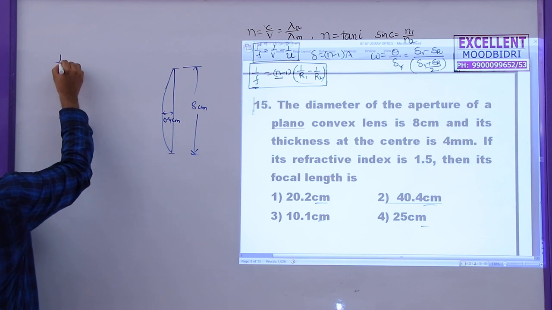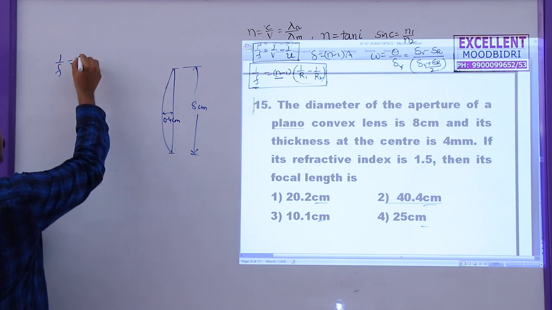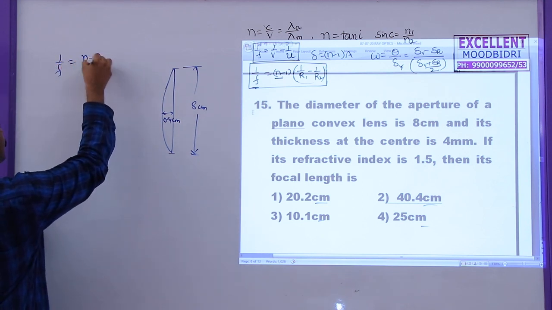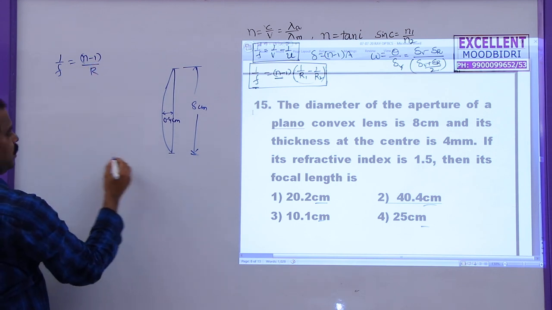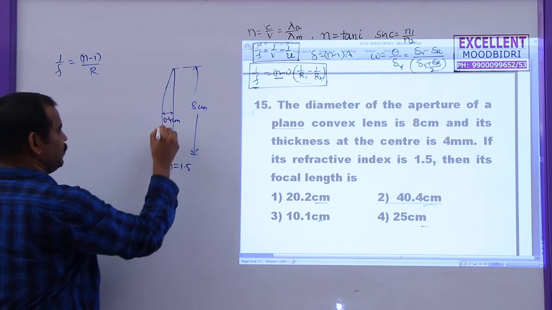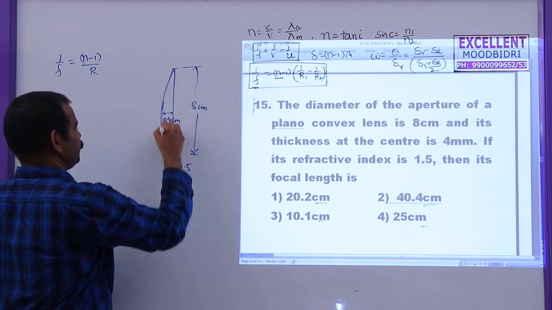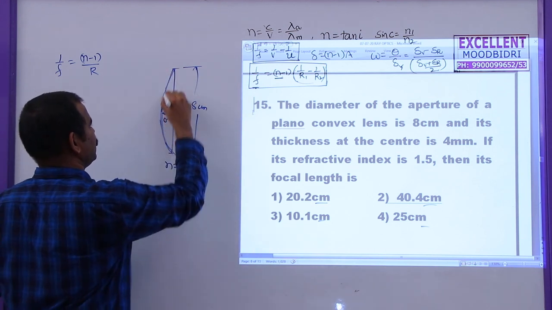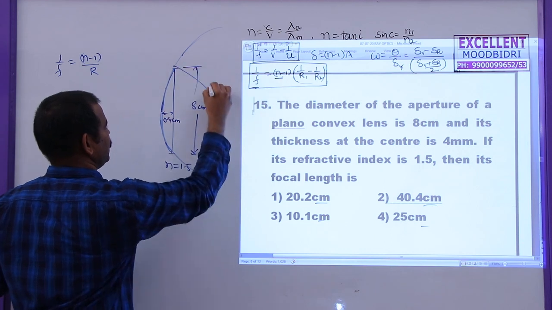To find out the focal length of a plano-convex lens, the formula is n minus 1 by r. So here n is given as 1.5 and r is not given. But this is a part of a big sphere of radius r.